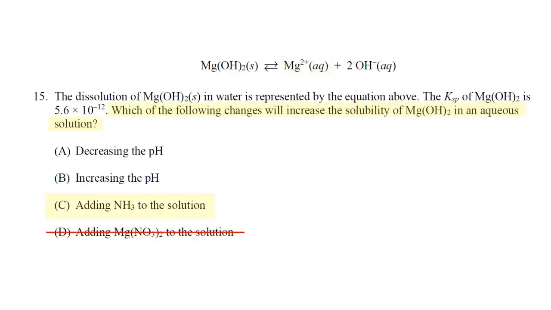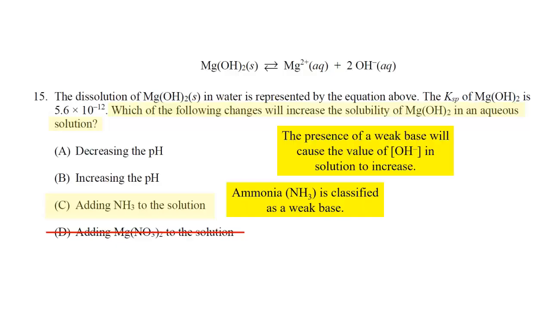Now, what about choice C, adding ammonia or NH3 to the solution? Well, ammonia is classified as a weak base. And if you are classified as a weak base, then you will produce hydroxide ions in solution. So the presence of a weak base will cause the concentration of hydroxide ions to increase.